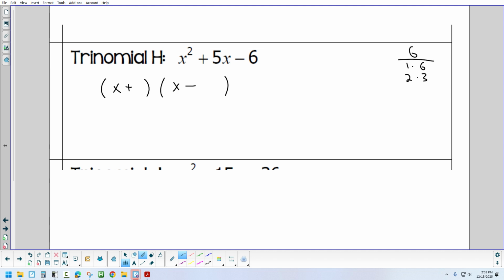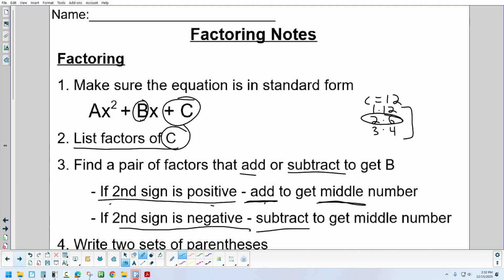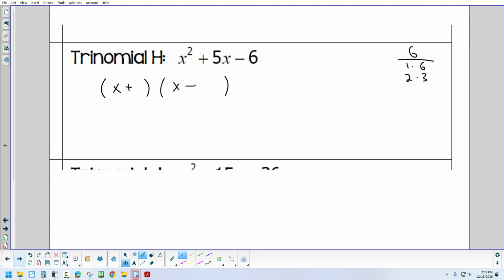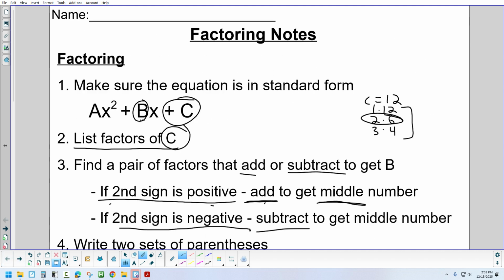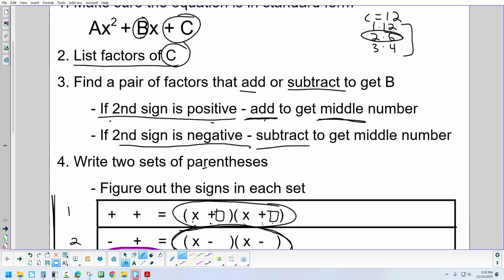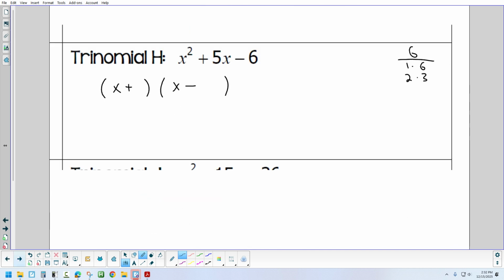Now, if we look back at our notes, the second sign is a negative. So read what it says. If the second sign is negative, we have to subtract to get the middle. What's the middle number here? 5. And which pair of these numbers subtract to give you 5? 6 and 1.